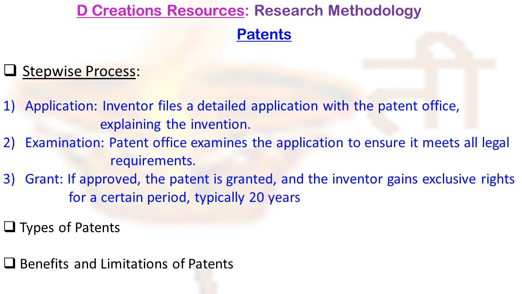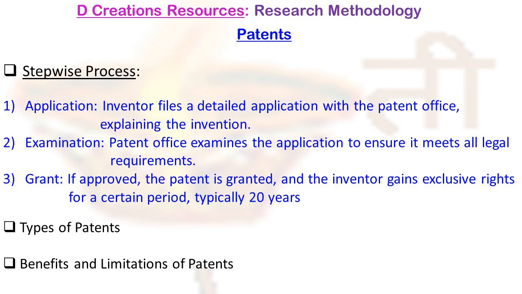And another limitation is the limited duration. You can't have a patent forever, right? It expires after a certain number of years, like 20 years, many a time. And after it expires, the invention enters the public domain. Now, another limitation you would say is the public disclosure that you need to make.